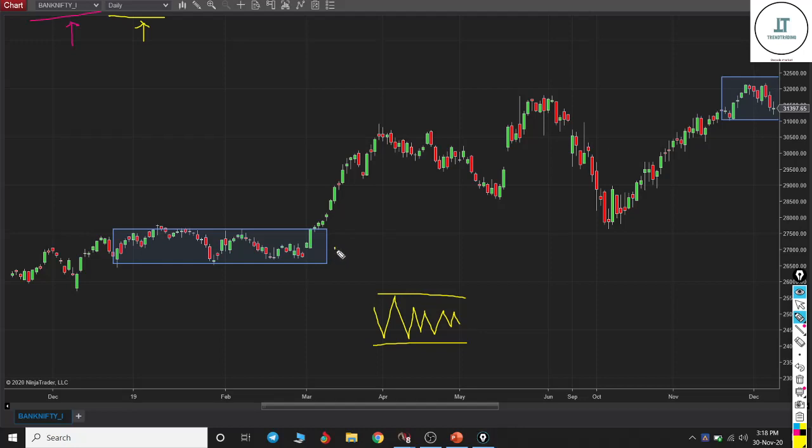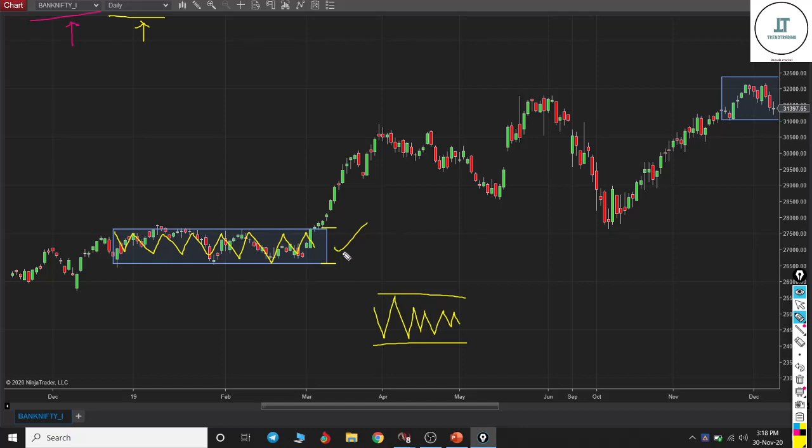So look at this. Price is trading completely in a very tight, narrow range. This is the upper end and the lower end of the tight range.